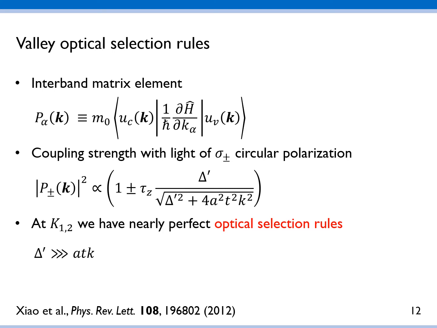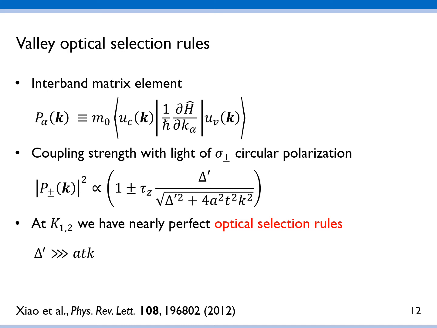So say, for example, the transition between the valence band and the conduction band. Now we can calculate this coupling strength with respect to the handedness of the light, the circular polarization sigma plus or sigma minus. And you can see that when we do that, we find our valley index here. So we have a certain valley dependence of the coupling strength, and we have circular dichroism.